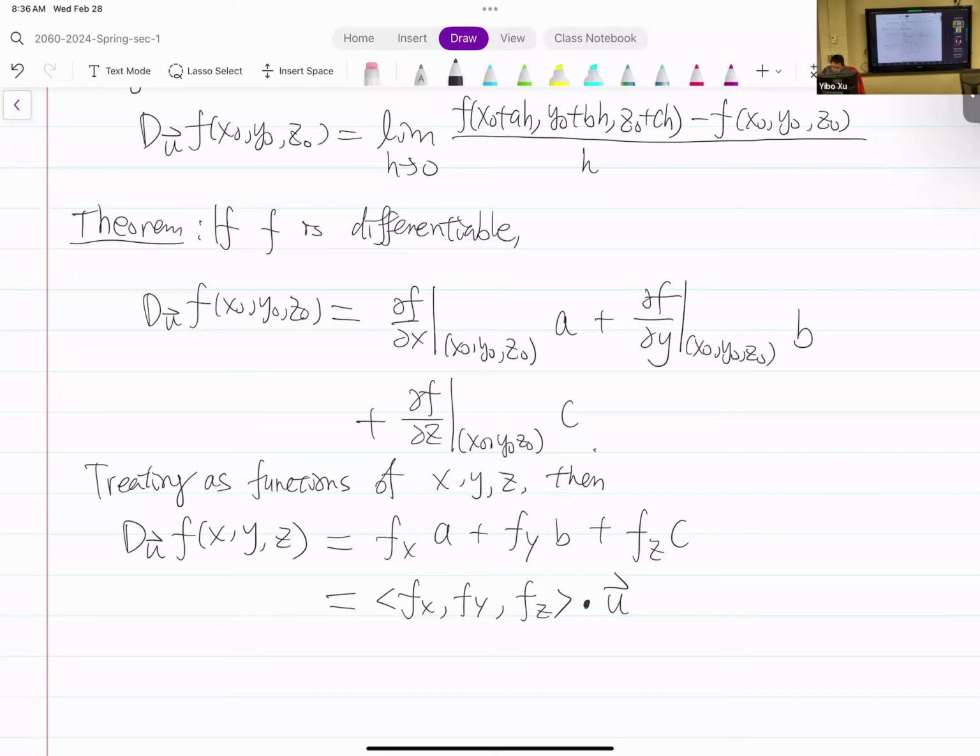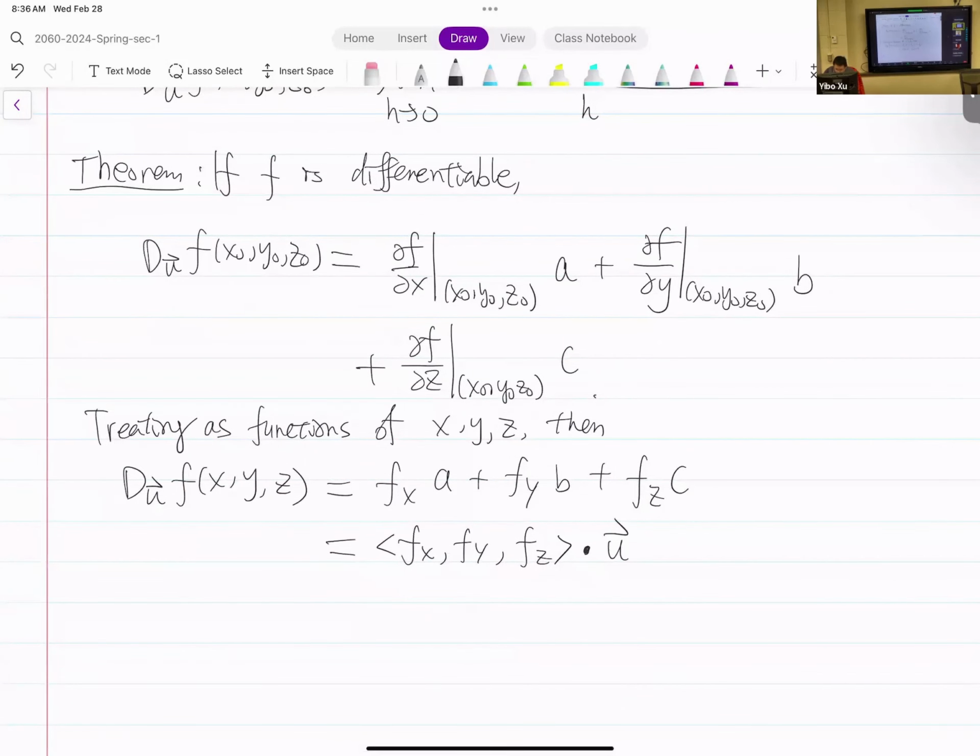So now this is of course parallel to what we have seen from the bivariate case, right? But now this part, we see this vector that consists of the partial derivatives, the first order partial derivatives, right? So this vector is very important. This is the vector that's called the gradient.